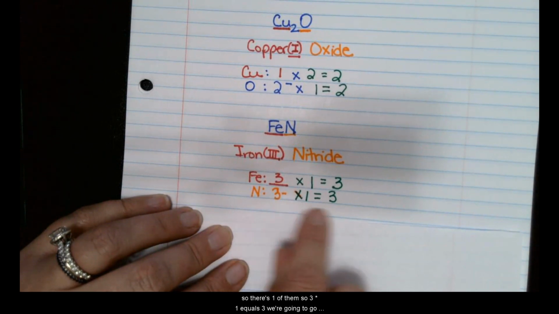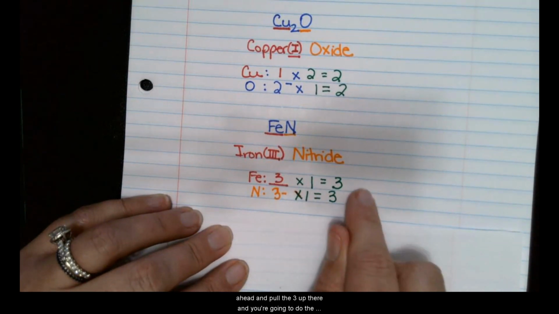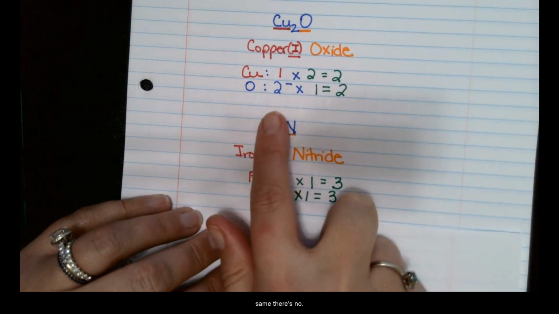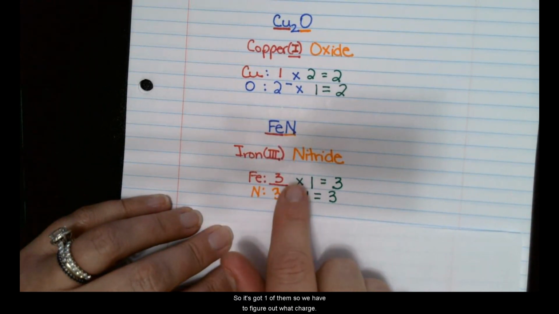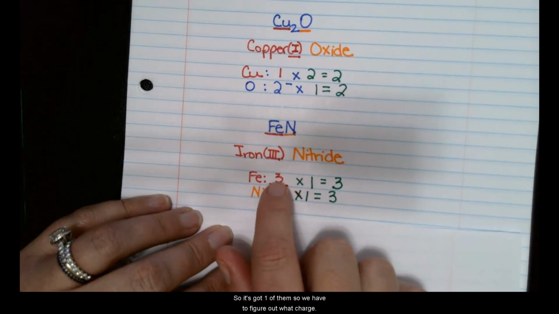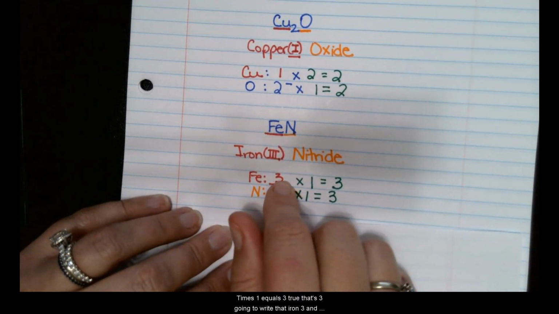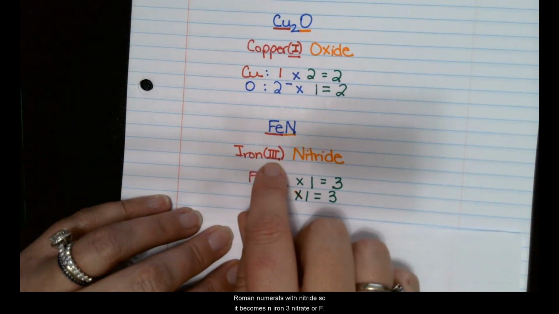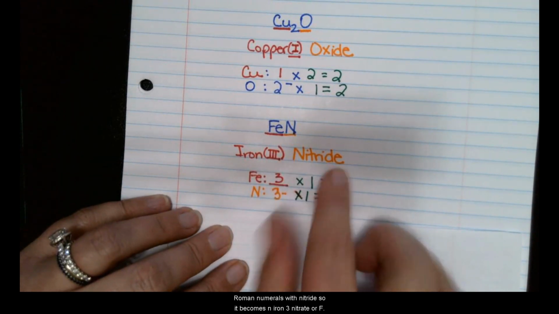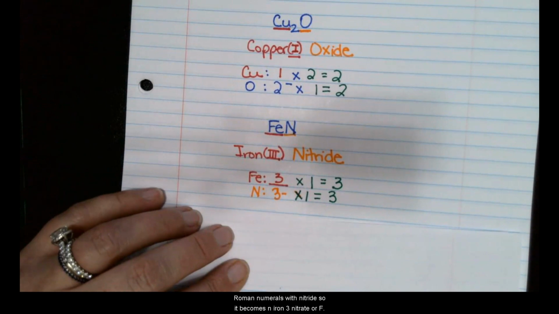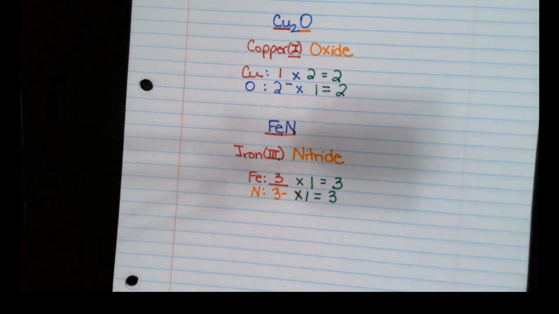So 3 times 1 equals 3. You pull the 3 up there, and you do the same for iron. There's no subscript, so it's got one of them. So we have to figure out what charge makes times 1 equal 3 true. That's 3. I'm going to write iron 3 in Roman numerals with nitride, so it becomes iron(III) nitride, or FeN.